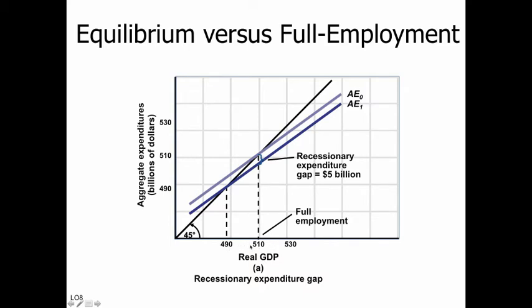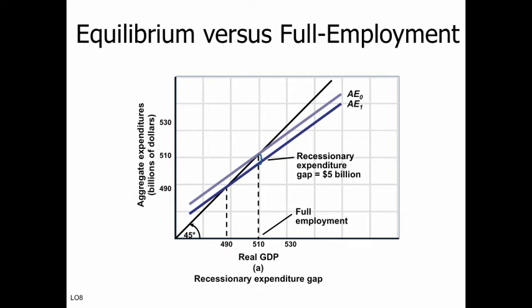So what do we have? We are $20 billion below the full employment level of GDP. The current equilibrium level of GDP is $490 billion. The full employment level is $510 billion. So we're $20 billion short in terms of GDP.